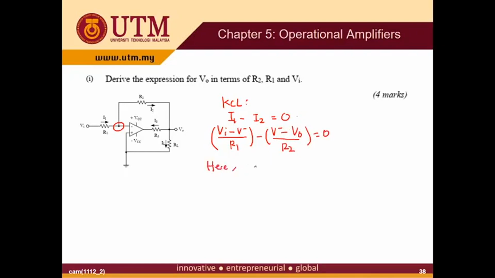Here V minus is equal to V plus, and V plus is grounded, so this is equal to 0. So Vi over R1 plus Vout over R2 equals 0. Lastly, you get Vout is equal to minus R2 over R1 Vi. So this is your answer.